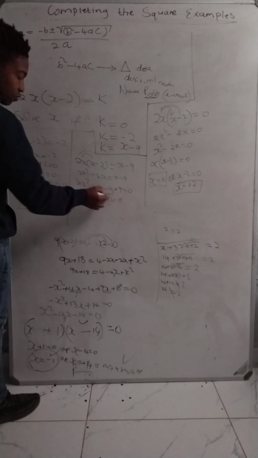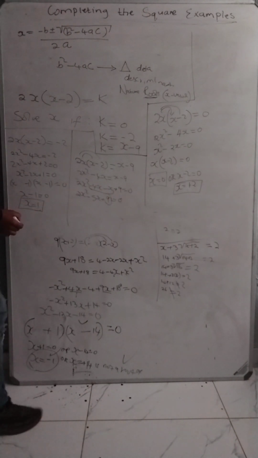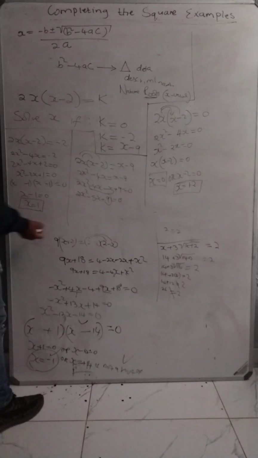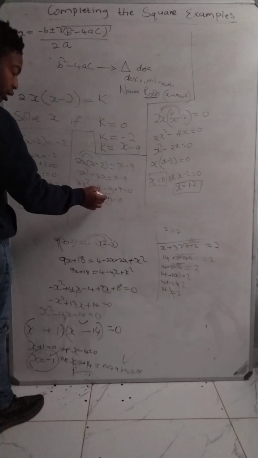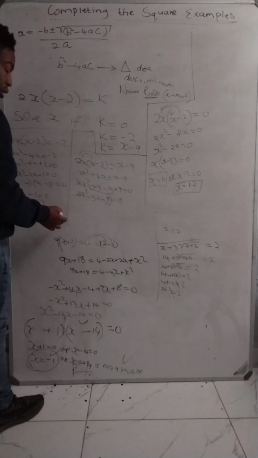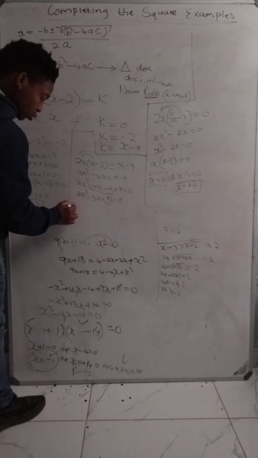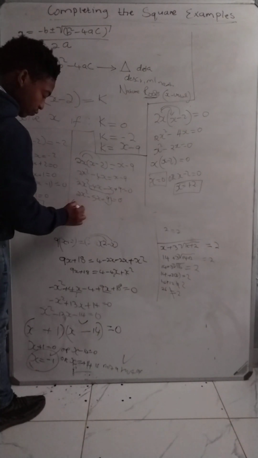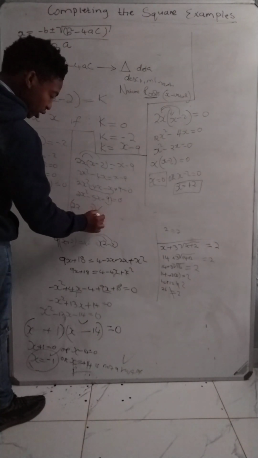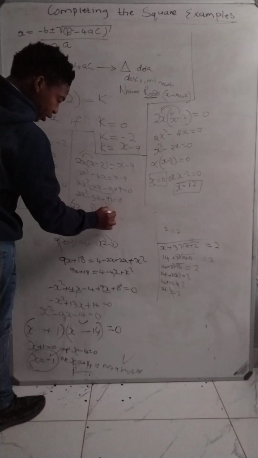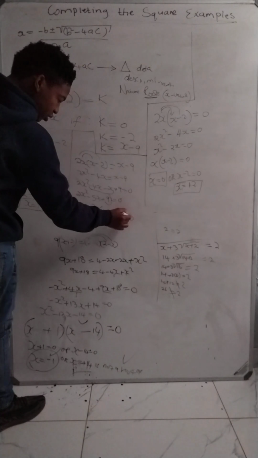the factors of 9 are 1 times 9 or 3 times 3. So we'll most likely win with 3 times 3. We can try that. Let's see. So we'll have 2x and 3, and then x this side and 3, is equal to 0.